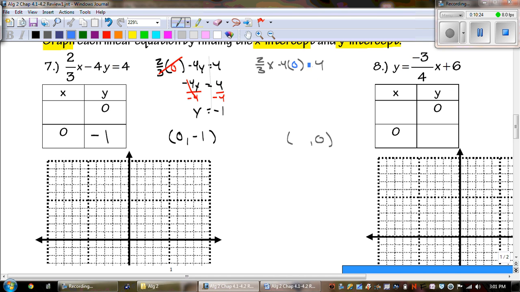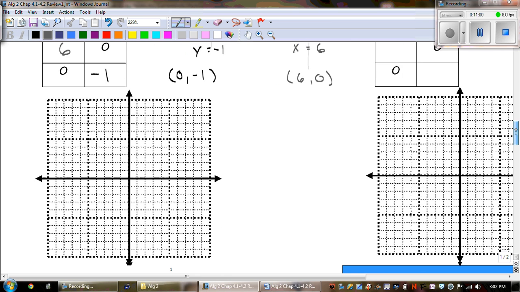Okay, now the second time, y is 0, I'm sorry. So -4 times 0 is 0, and we're left with 2/3 x equaling 4. Now, to solve for x, we have to multiply by the reciprocal. 4 times 3 is 12, and 12 divided by 2 is 6.